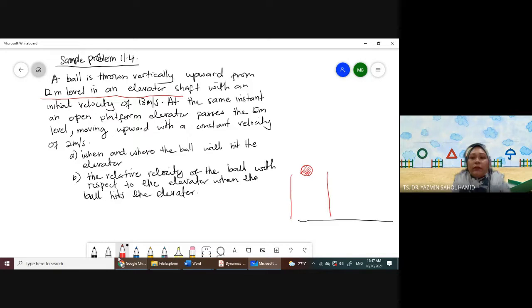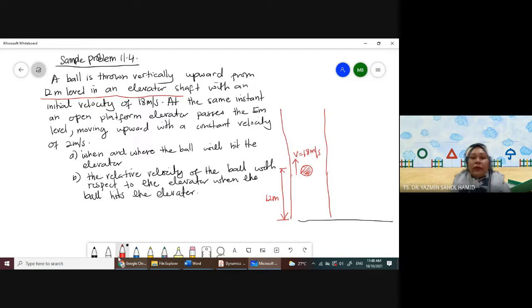Okay, elevator shaft ni panjangkan sikit lah. Okay, is thrown up in the air at the height of 12 meter. Okay, and then dia punya initial velocity adalah 18 meter per second.